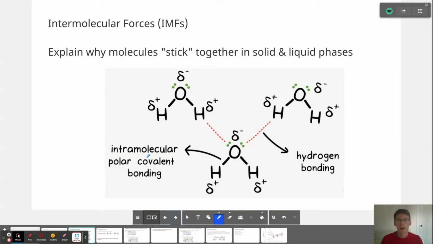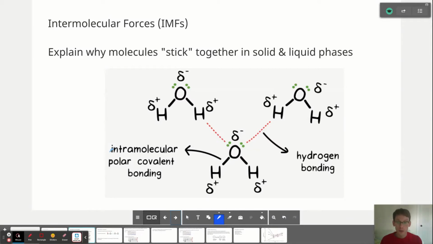IMFs explain that. And when we look at water, a classic example, especially if you've taken biology before, you know that there's hydrogen bonding in water. Specifically, it is hydrogen bonding that occurs between separate water molecules. There's an intramolecular covalent bond between oxygen and hydrogen in a water molecule.